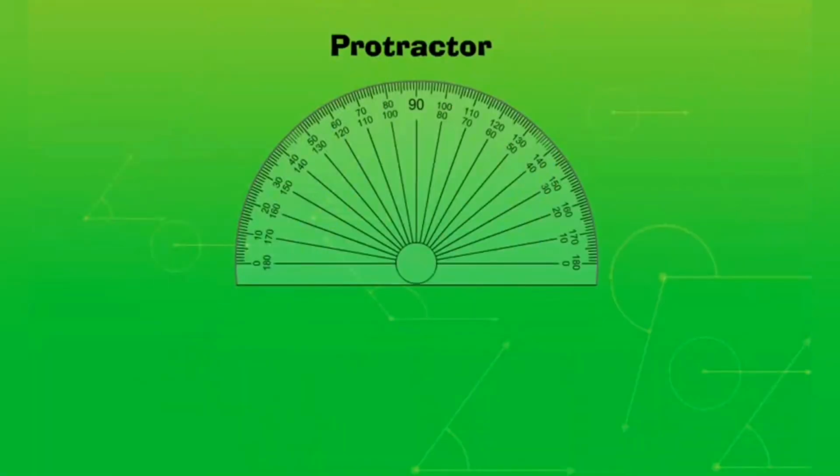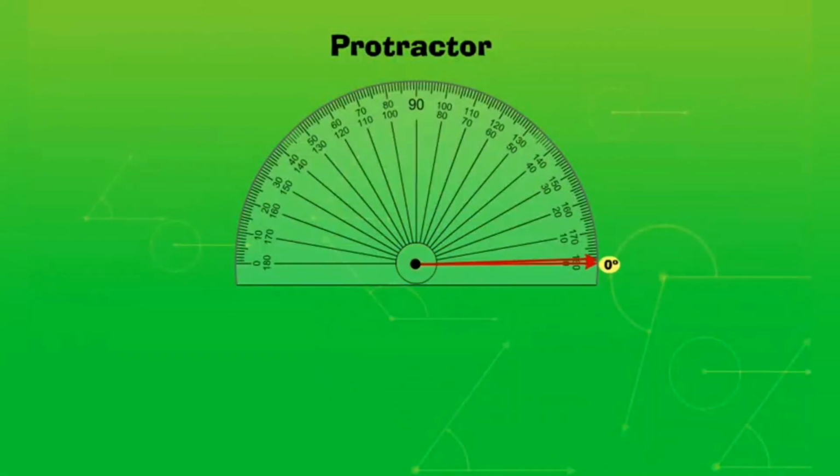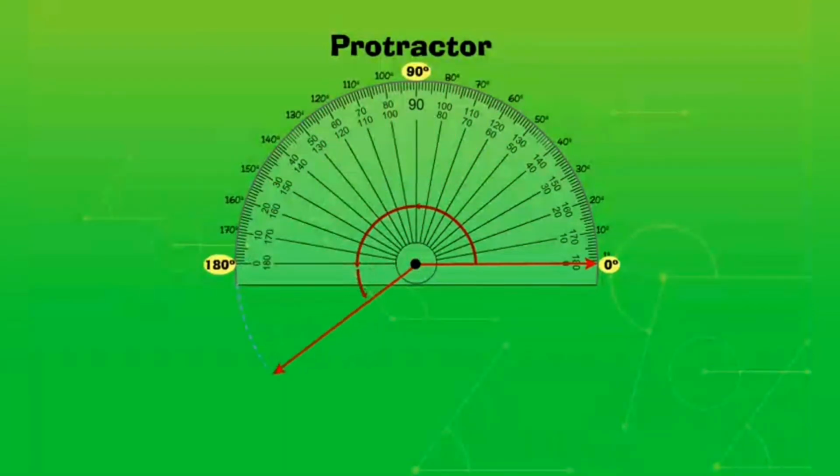To measure an angle, we use an instrument called a protractor. It is in the shape of a semicircle. The midpoint of its horizontal edge is called its central point. The angle at the center is divided into 180 equal small divisions. A complete turnaround point is divided into 360 equal parts.